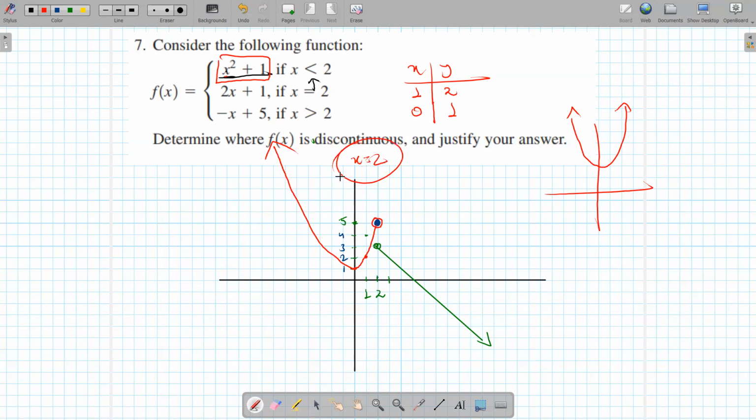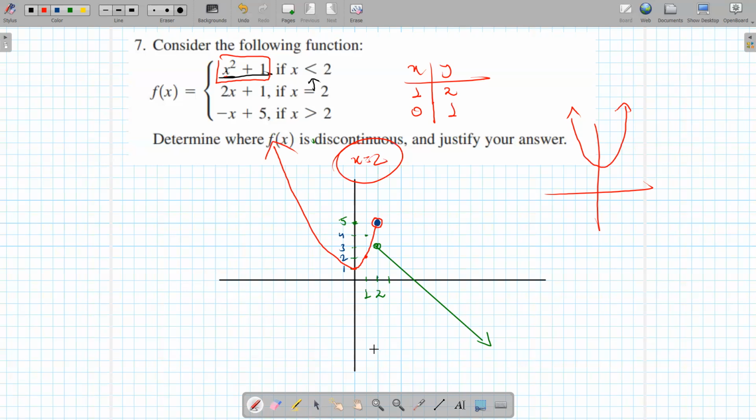Does the limit exist at 2? Look at the right side. What's the y value on the right side of 2, and the left side of 2? The limit doesn't exist.